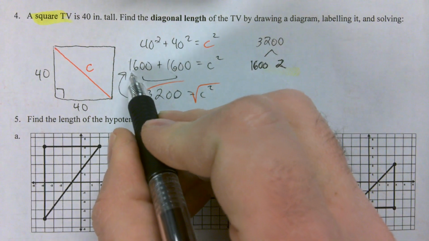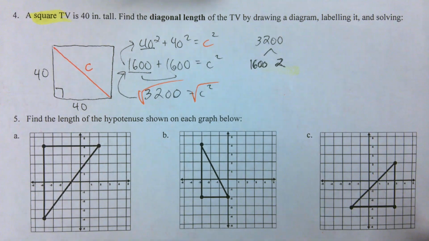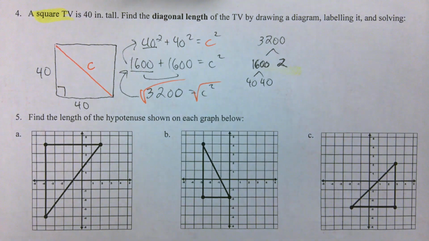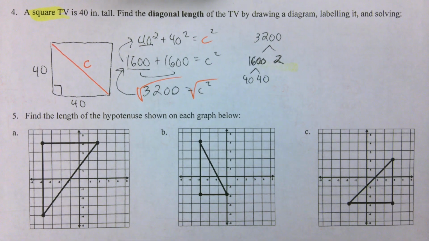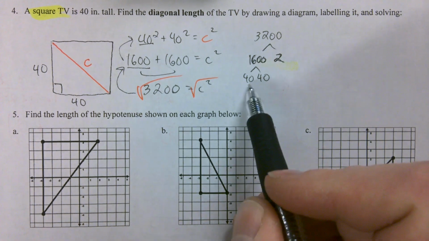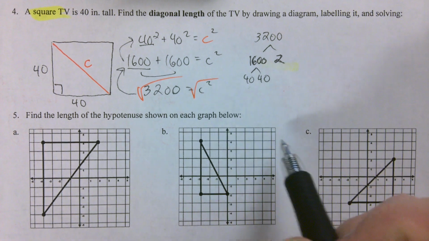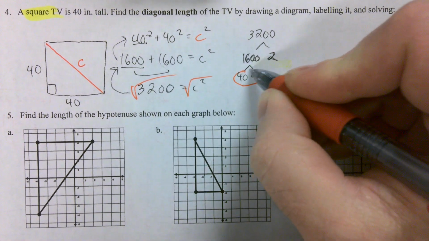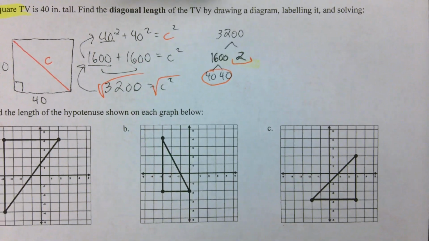All right, well, in the step before that, we saw that 1600 was 40 times 40. So I'm going to break 1600 up into 40 times 40. Typically, what we would do now is go 4 times 10 and 2 times 2 and 5 times 2. But I don't need to do all that. I've got a pair of 40s and a 2 left over. So what does that look like?